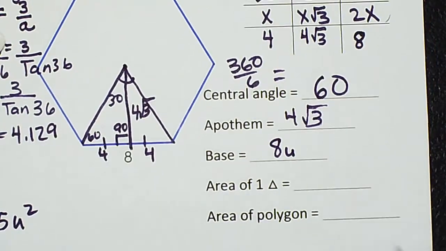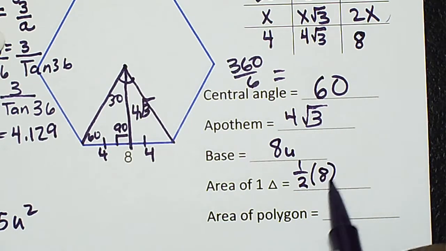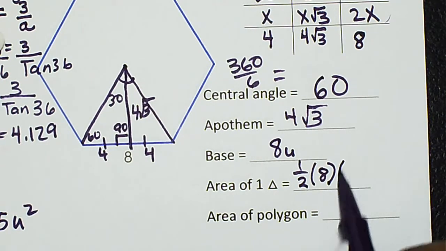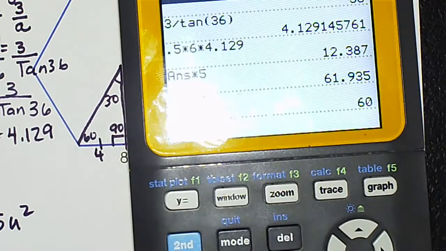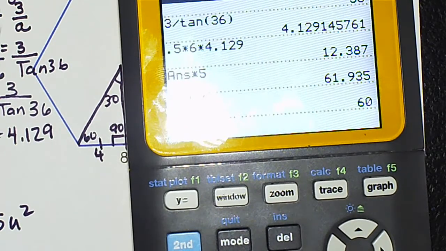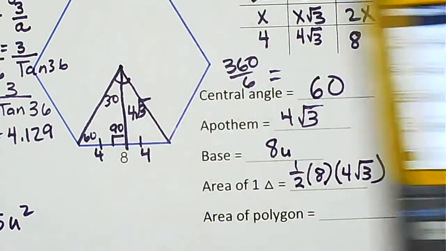The area of one triangle is 1/2 the base, which is 8, times the height, which is 4 square root of 3. So we're going to put that in the calculator. 0.5 times 8 times 4 square root of 3. That's 27.713.